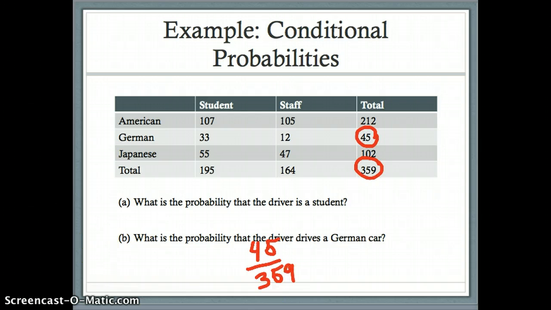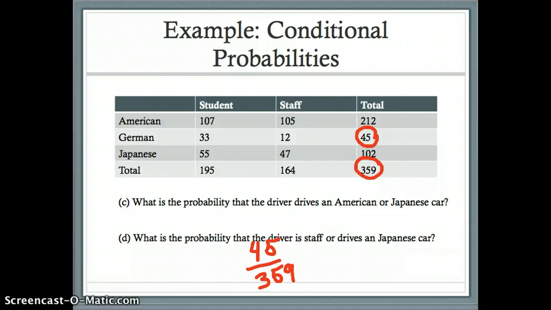Okay, next up, what is the probability that the driver drives an American or Japanese car? So we're looking at our "or" probabilities here.